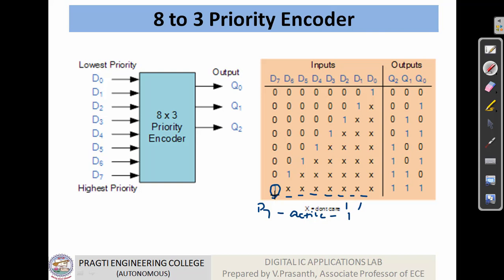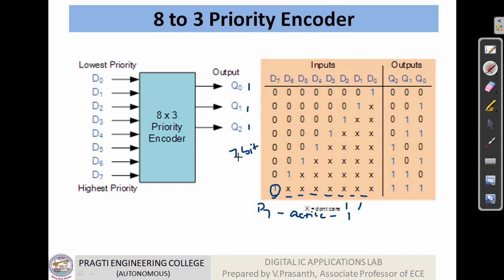When D7 is active, it doesn't bother about D6, D5, D4, D3, D2, D1. It immediately generates the output Q2 Q1 Q0 as 1, 1, 1. That means it is the 7th bit.